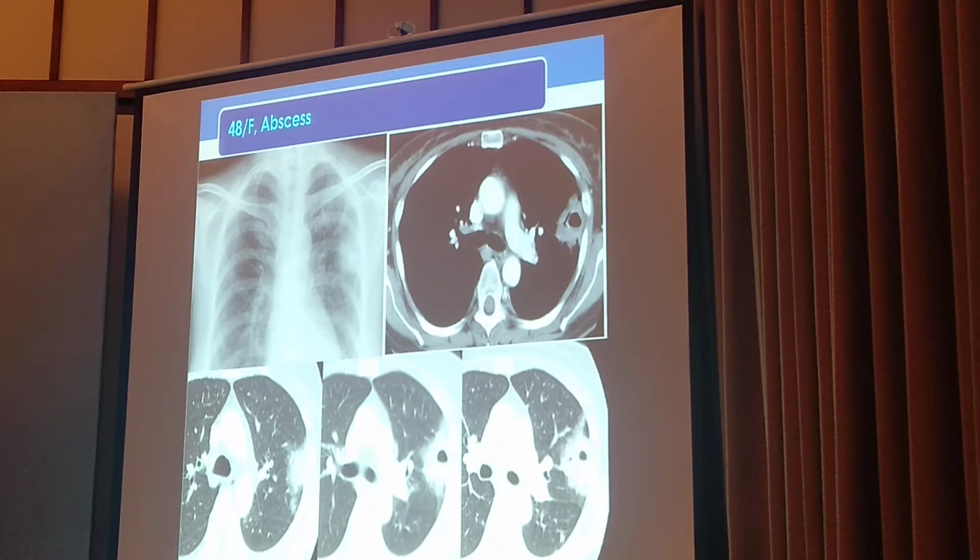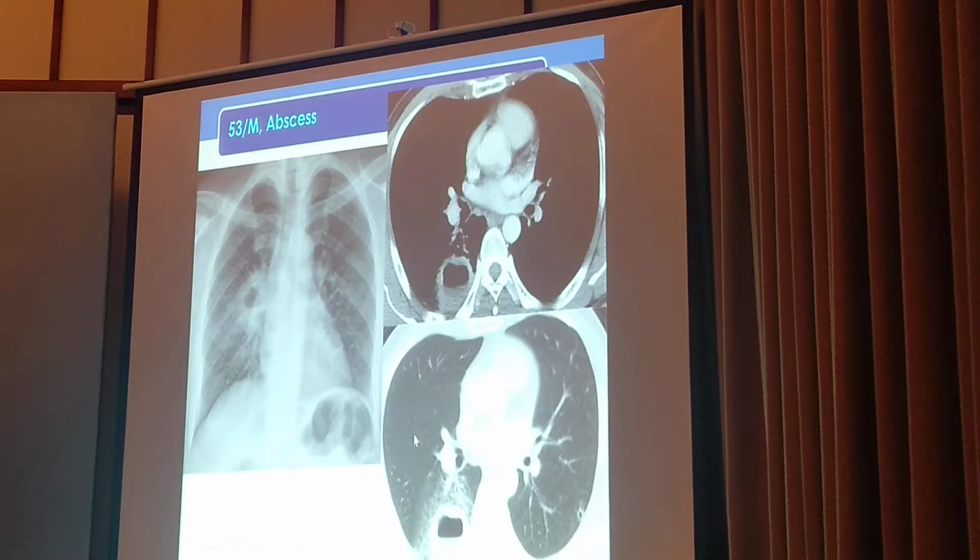We call this a lung abscess. Another case shows a cavitary mass in the right lobe superior segment, a relatively thick walled cavity, and the inner wall is very smooth, with an air fluid level surrounded by ground glass opacity of consolidation. So this is a typical pattern of lung abscess. We can usually diagnose it easily.